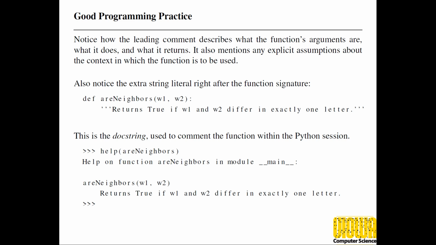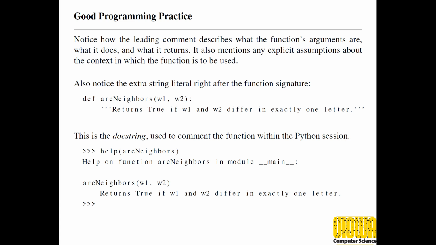So as you write your Python code, if you've forgotten what the argument order is in a built-in function, say isinstance, you can say to Python, help isinstance. And because all the built-in functions have this docstring, it'll tell you what isinstance expects in terms of parameters and what it actually does.